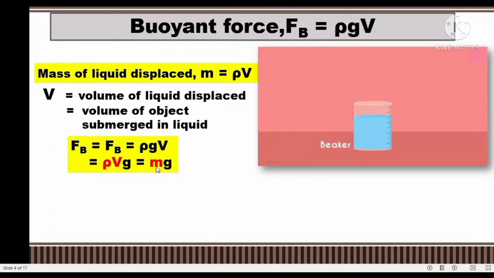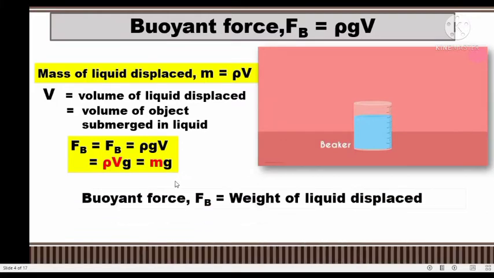Rho V we can substitute as m. If rho here is density of liquid and V is volume of liquid displaced, then m here is mass of liquid displaced. So the product of mass of liquid displaced and g is equal to weight of liquid displaced. Thus we get this relationship: buoyant force equals weight of liquid displaced.